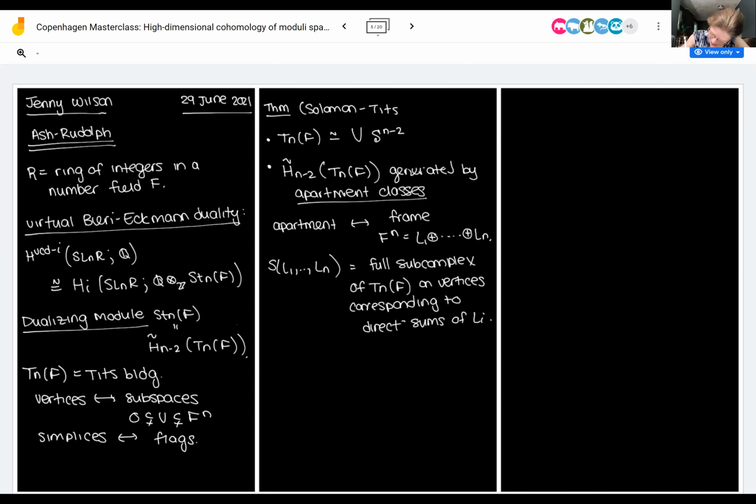So last time we discussed this theorem of Ash and Rudolph, which states that if R is Euclidean, then we can say something stronger. Then this top degree homology group is generated by integral apartment classes.